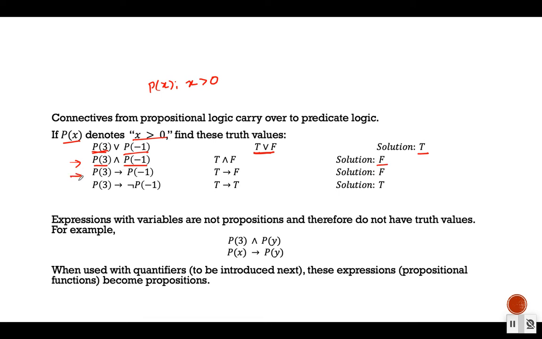This one is an implication, so p of 3 is true, p of minus 1 is false, true implies false becomes false. Now p of 3 implies not p of minus 1, so p of minus 1 is false, but with not it becomes true. So true implies true becomes true.